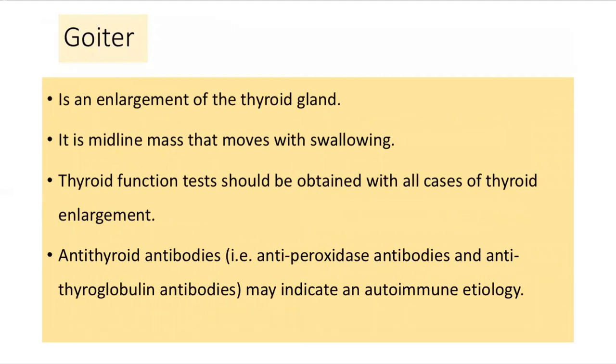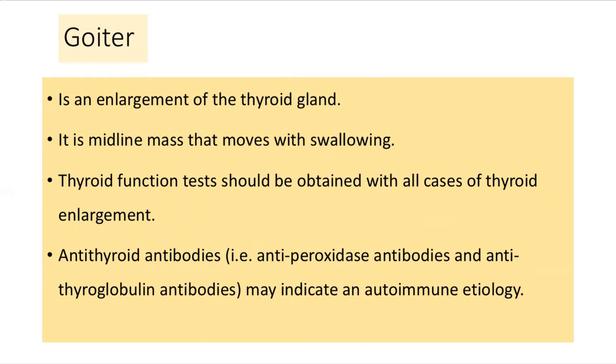So what is the definition of goiter? It is an enlargement of the thyroid gland. It is a midline mass that moves with swallowing. It is present in the midline of the neck and moves with swallowing. Thyroid function tests should be obtained with all cases of thyroid enlargement.